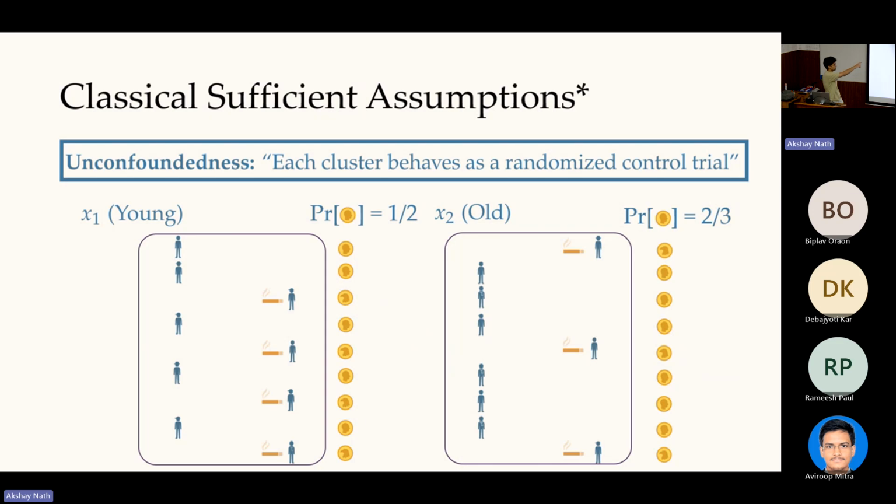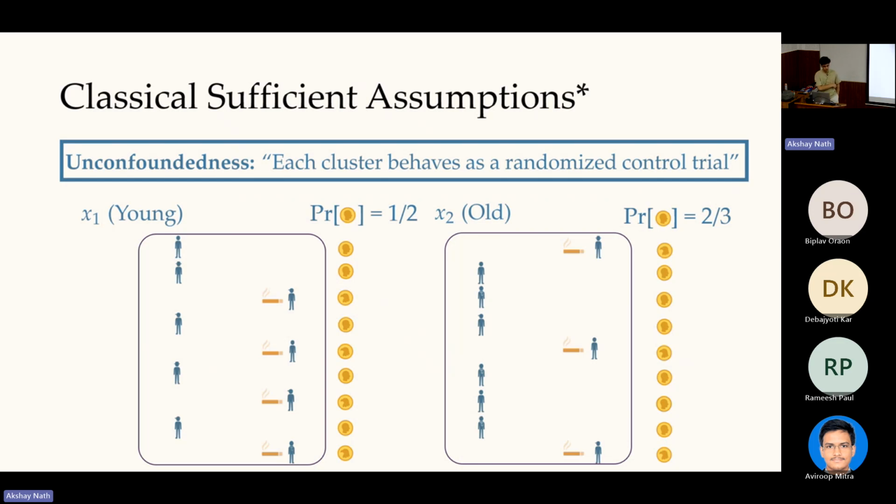If these probabilities were the same, then you would have a randomized control trial overall. But the fact that these probabilities can be different for each group says that the overall thing is not randomized. It depends somehow on the covariates, right? Older people here are more likely to take up smoking than not because the probability is 2/3 there, 1/2 in the other group.